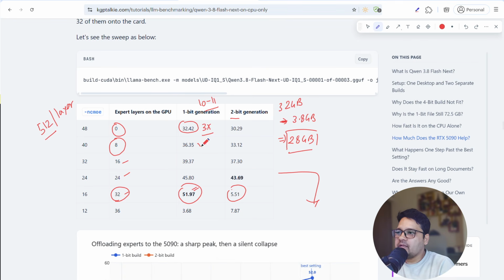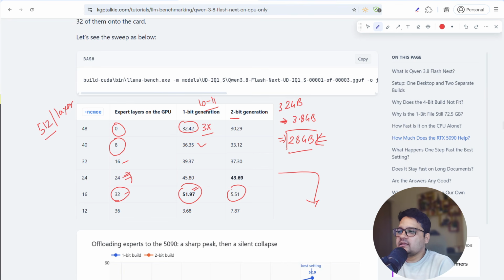Why is it happening? Because 1-bit generation is not taking that much space. In 2-bit generation, what happened? By the time you move 24 layers onto the GPU, all the available memory is filled. Now, if you try to fill more expert layers in the GPU memory, then ultimately your GPU is going to offload those onto the system RAM.